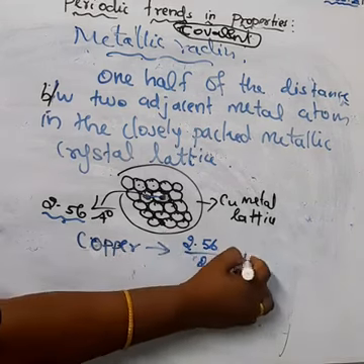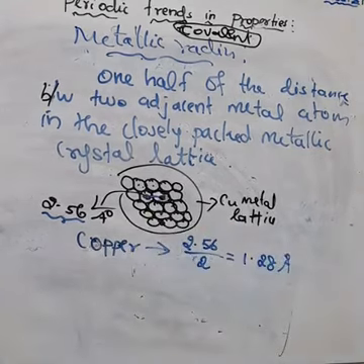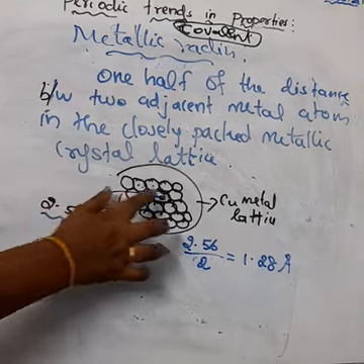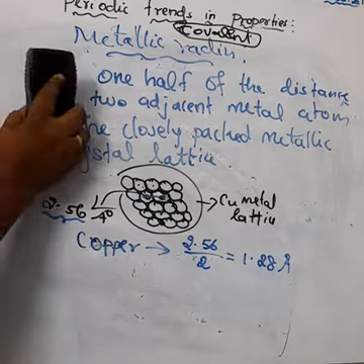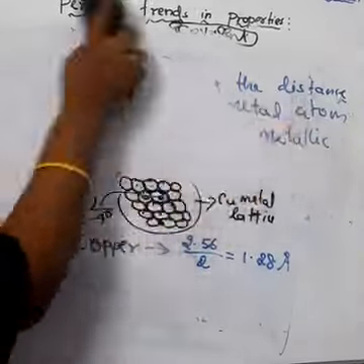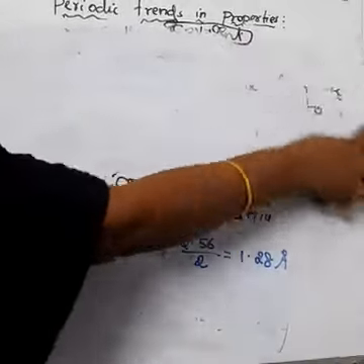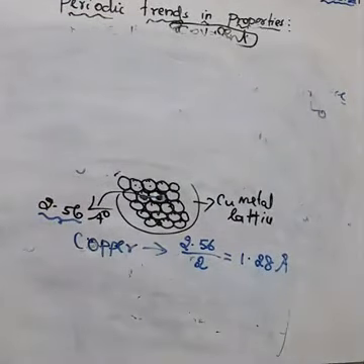So we get 1.28 Angstrom. So the metallic radius can be calculated using the unit cell length of the metallic crystal. You will study the detailed calculation procedure in your 12th standard solid state unit. When you come to 12th standard, we will study clearly about the metallic unit cell.